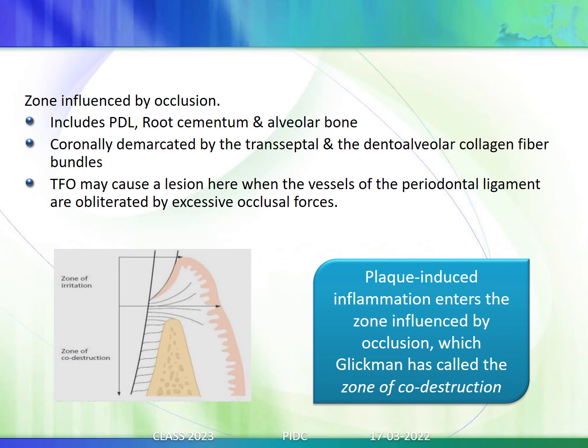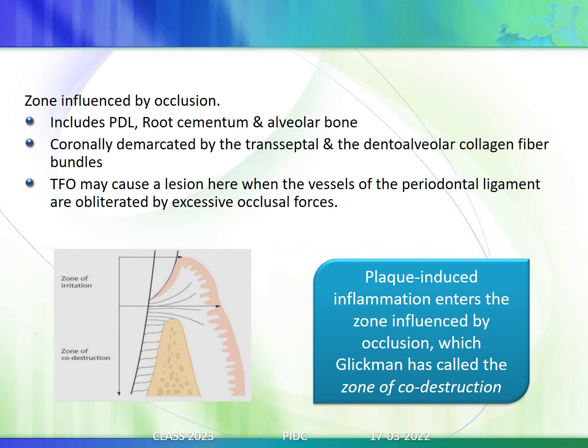If there is an increased amount of occlusal force, it acts mostly on the periodontal ligament, the cementum, and the alveolar bone. Coronally, it is demarcated by the transseptal fibers and the dentoalveolar collagen fibers, and trauma from occlusion may cause a lesion where the vessels of the periodontal ligament are obliterated by the excessive occlusal forces.